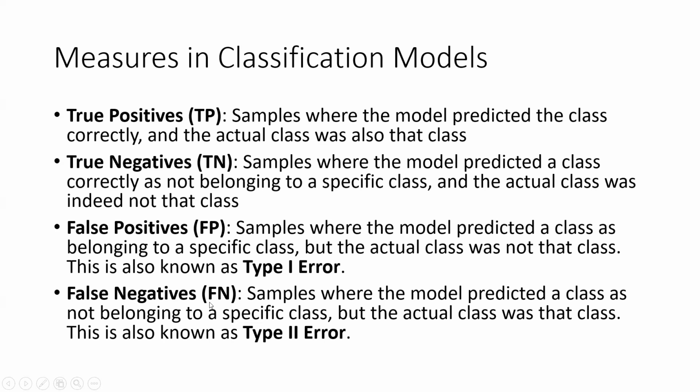If the negative class is predicted and it is not correct, it is false, that is known as false negative, also known as the type 2 error. Now, these four measures have to be remembered to further learn about the performance evaluation for classification models, right?